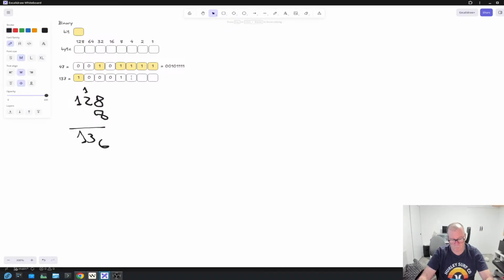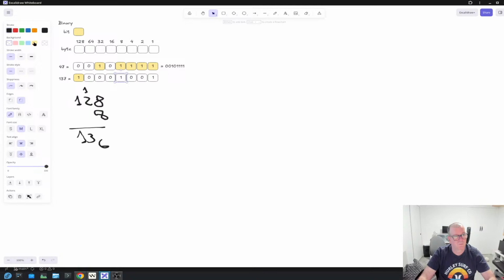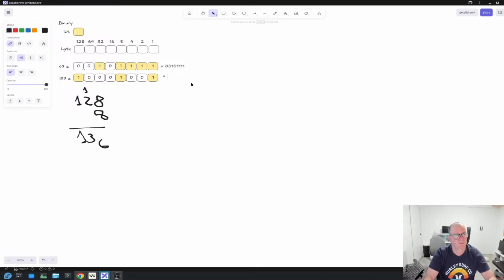Now easily I can go 0, 0, 0 and 1. If I want to match the color, everything that is 1 will be yellow to represent that the bit is on. And this is how we represent 137 in binary. 1, 0, 0, 0, 1, 0, 0, 1.